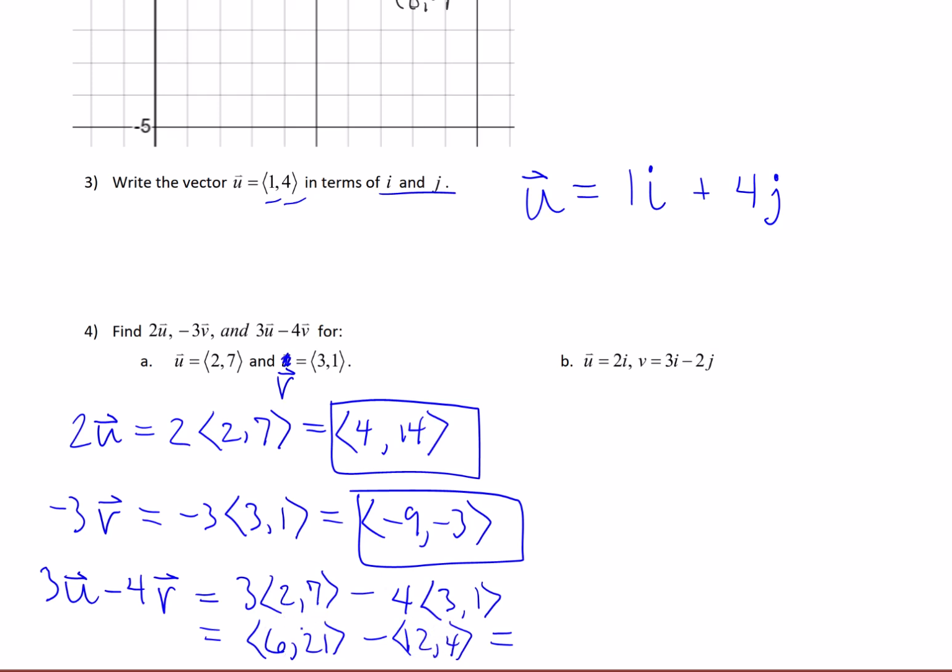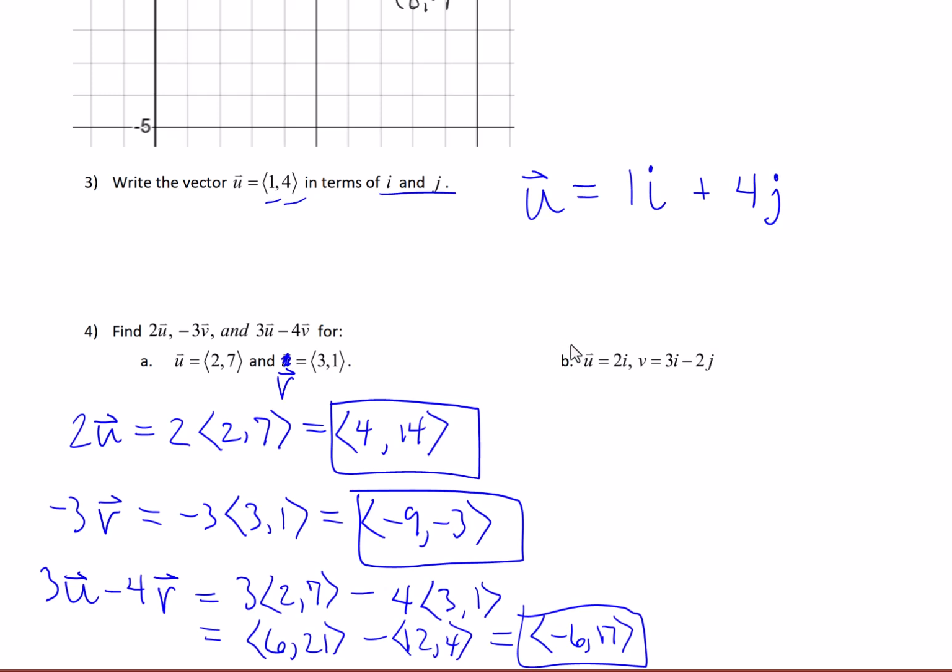So 6 minus 12 will be, of course, negative 6 for the new horizontal component, and then 21 for the first vertical component minus 4 for the second vertical component will give us 17. So ⟨negative 6, 17⟩ is now the component form of all of the arithmetic done with those vectors.